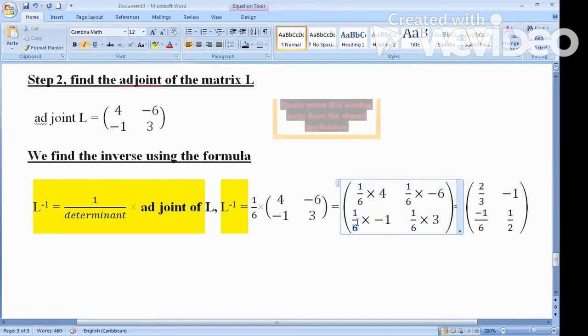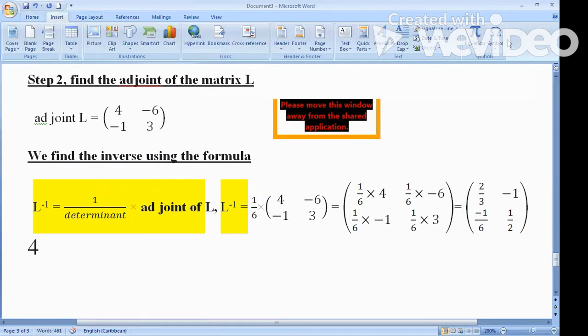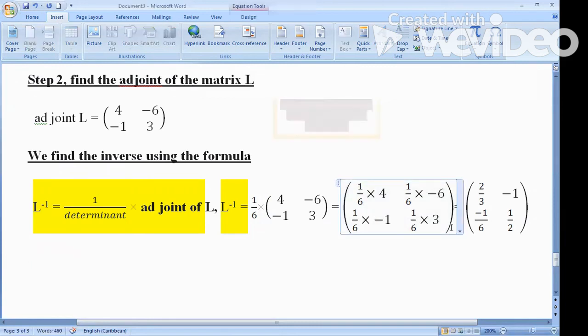The 1 over 6 is positive, and this is negative, so positive times negative. It's like working out 4 times negative 3. What do you work out first? The sign. A positive and a negative gives you a negative, then 4 times 3 is 12. A positive and a negative gives you a negative, and 1 times anything gives back the same thing.